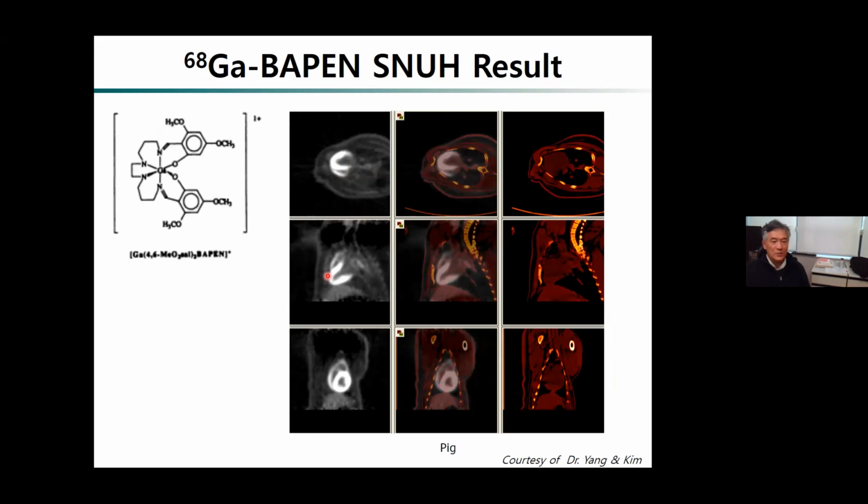But the first pass extraction rate of gallium BAPEN is too low, less than 1%. As I remember, technetium MIBI has more than 10% first pass extraction rate. So that's why we dropped this compound as a myocardial imaging agent.